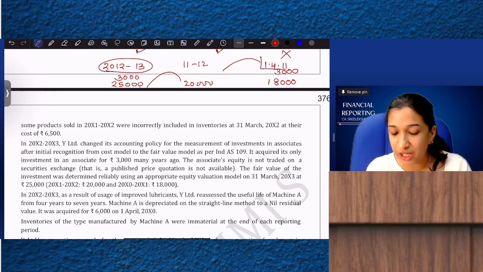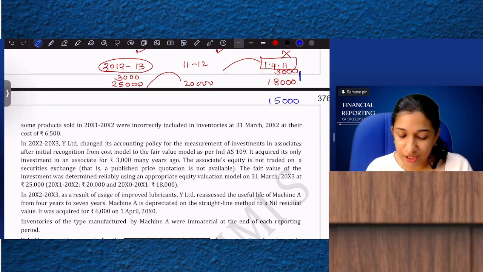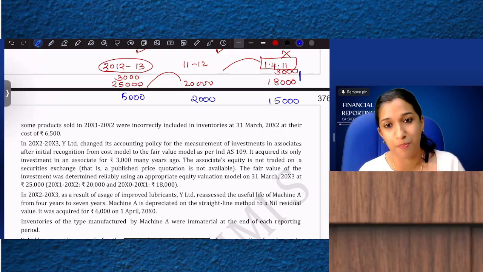So for the beginning of the previous year, 3,000 has become 18,000. There is a gain of 15,000, which is the one I should report first. Then there is an increase of 2,000 to be reported in P&L. Then there is an increase of 5,000 to be reported in P&L, and always check the tax impact.